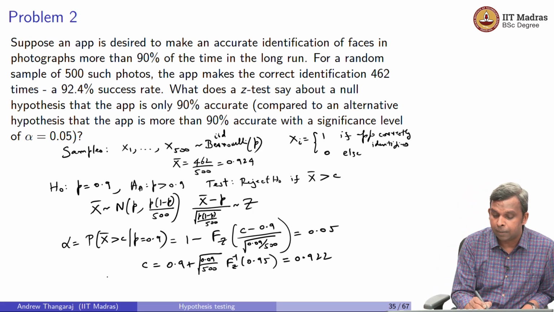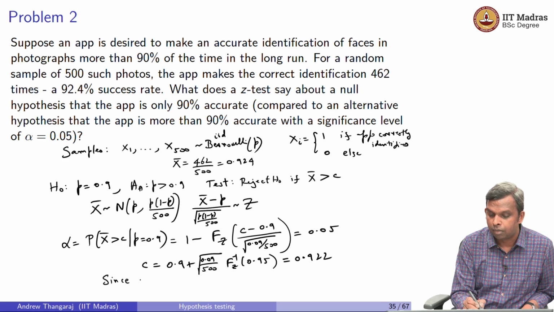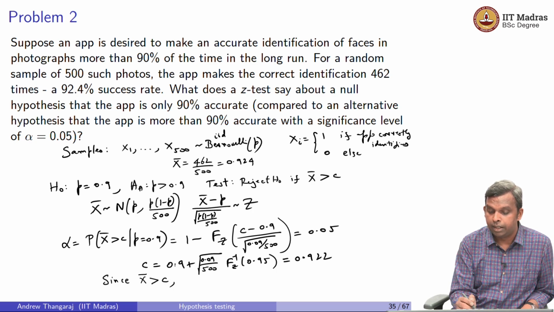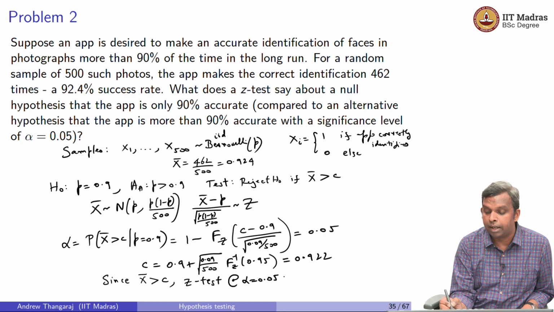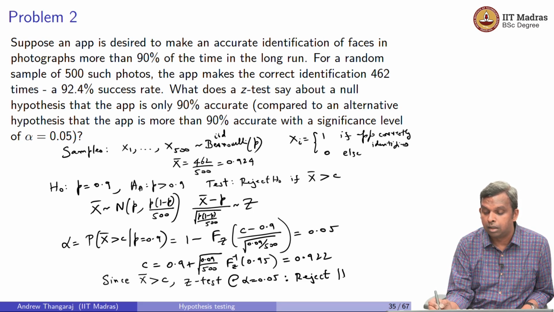Since x bar is greater than c, 0.924 is greater than 0.922, the z-test at alpha equals 0.05 concludes that we reject the null.